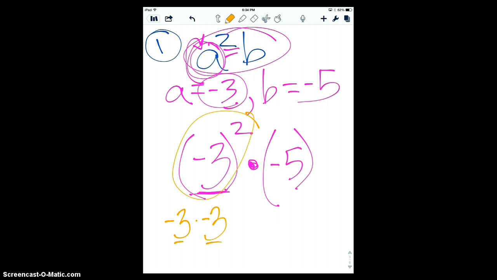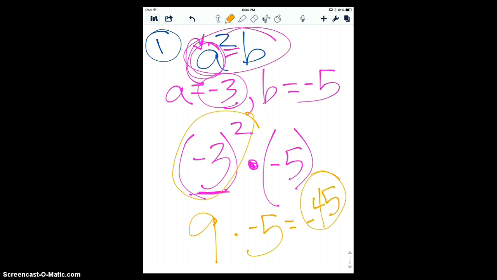So -3 squared would be, and maybe you're saying it right now, it is not -9, it is not 6, it is +9. And that's not our final answer because we still need to multiply it by -5. And when we do that, we get our final answer of -45. Negative because the signs are different.